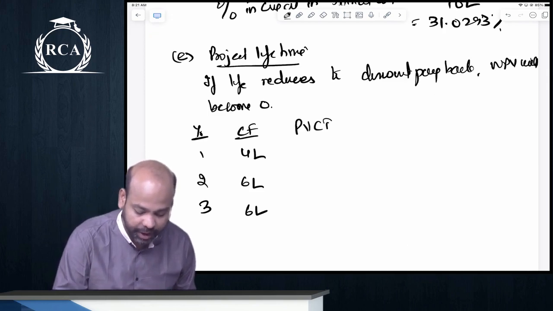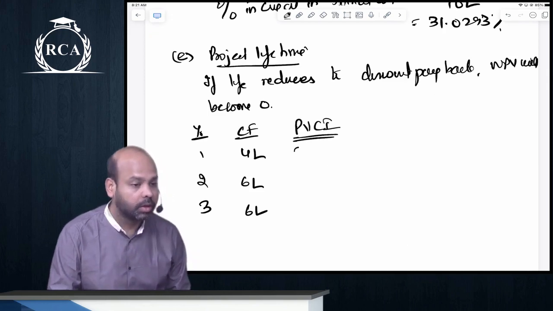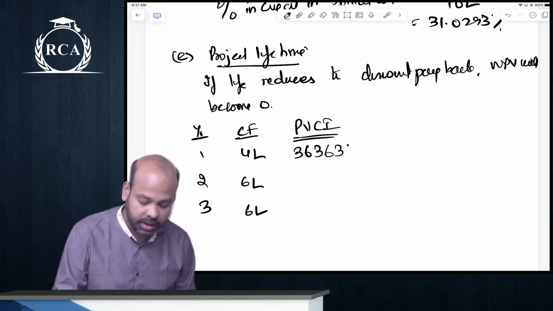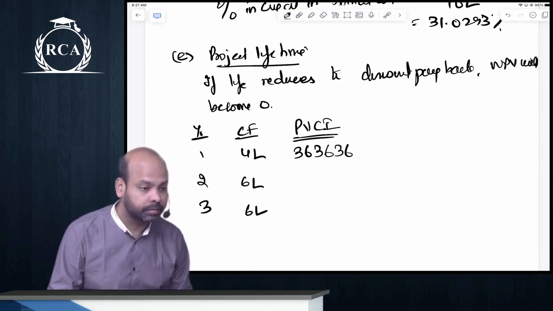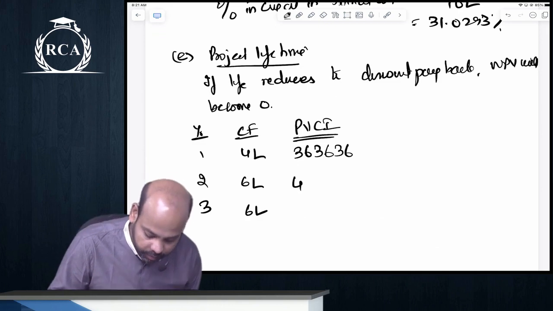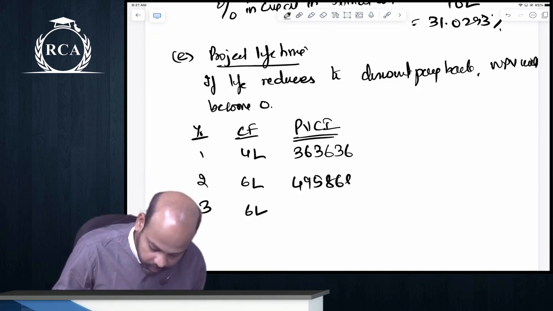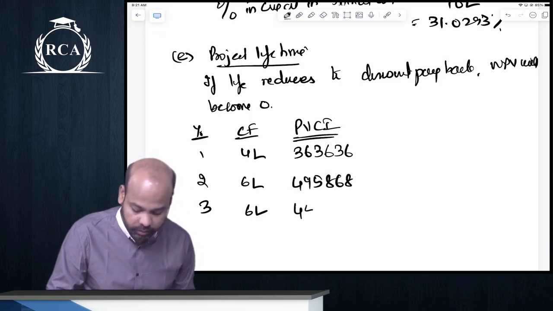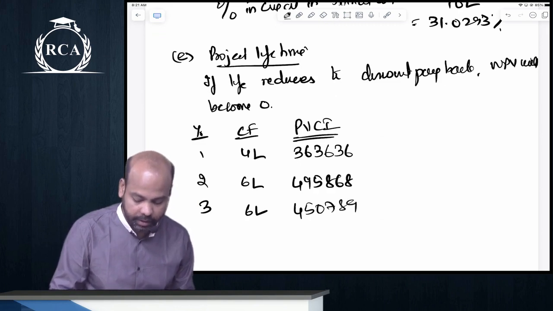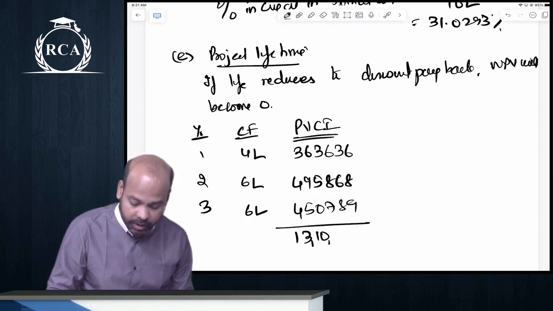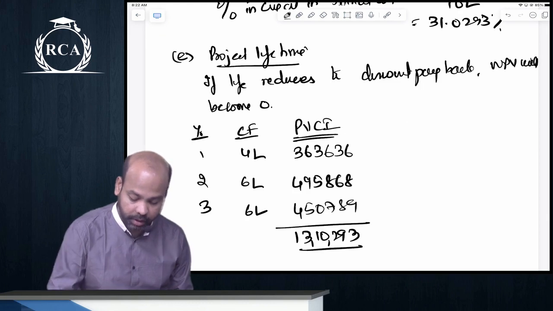What's the present value of cash inflows that you computed? 3,63,636. Next. Yes. All put together 13 lakhs 10,293.